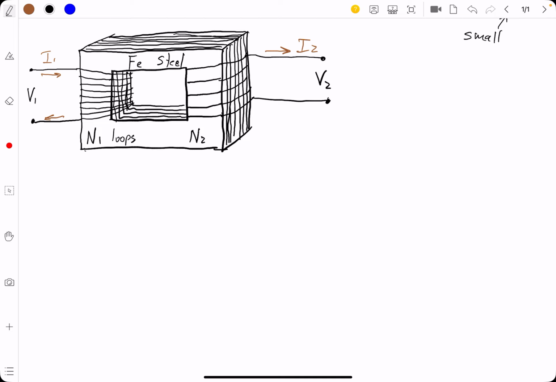And our current will flow in some way through the iron or steel. And that current, those loops, those eddy currents that come about due to Faraday's law of induction, drives current in the other side. And that current then leads to our voltage on the other side and our current on the other side.